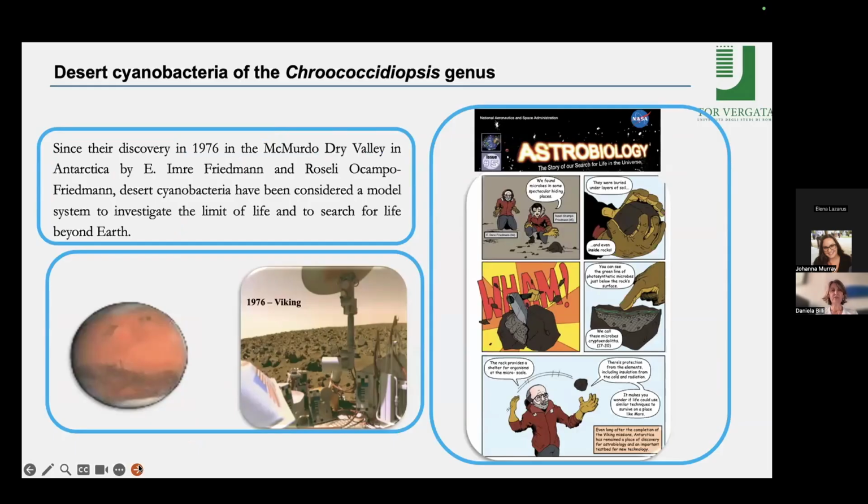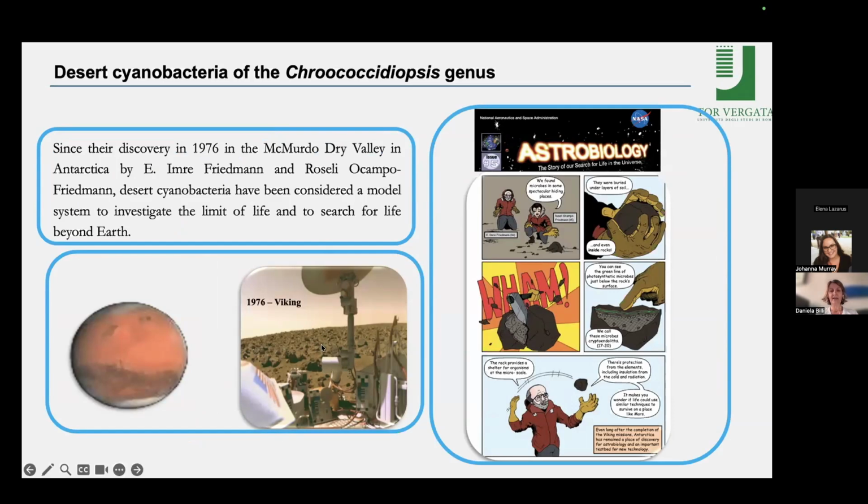The most famous desert strains of Chroococcidiopsis are those that were isolated a long time ago, back in 1976, in the Dry Valleys in Antarctica, at the time when the Viking mission failed to give evidence of the presence of life on the Martian surface.